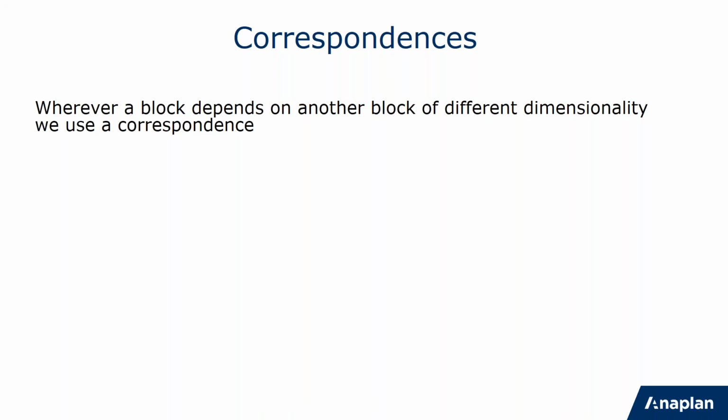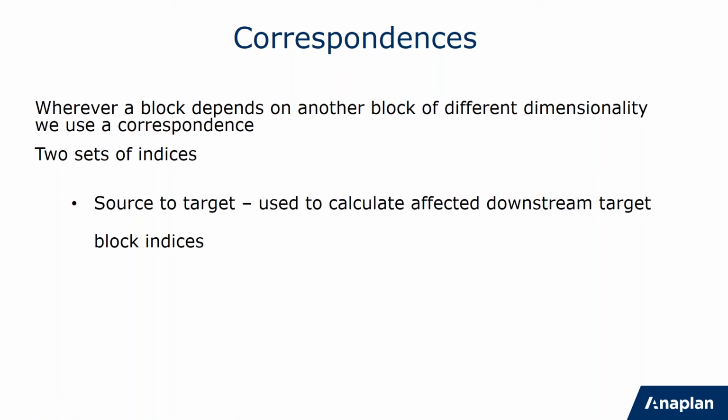So we keep data structures called correspondences, and they're basically needed every time there is some kind of dimensionality change, such as in aggregation, or where the relationship between the source and the target is complex. So a sum or a lookup, for instance, is one example of that.